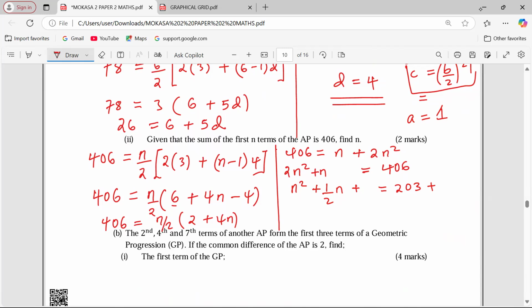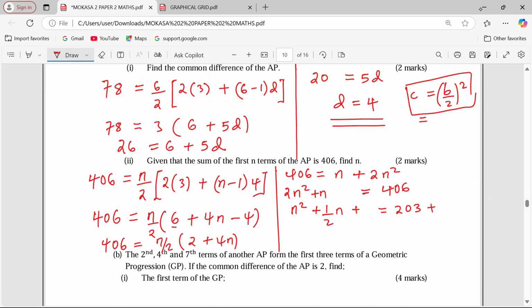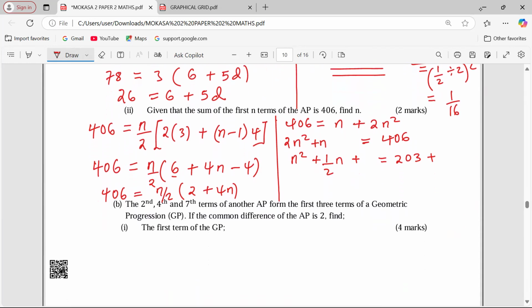I also add a constant. The constant C is obtained by taking half of the coefficient, which is a quarter, and squaring it. This will be a quarter squared, and I'll get 1 over 16.